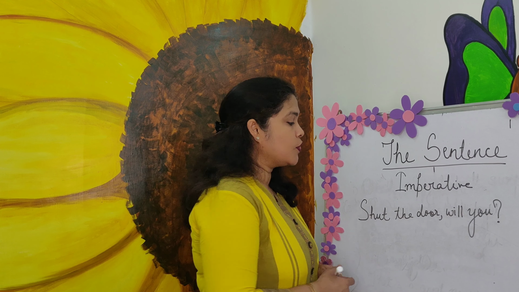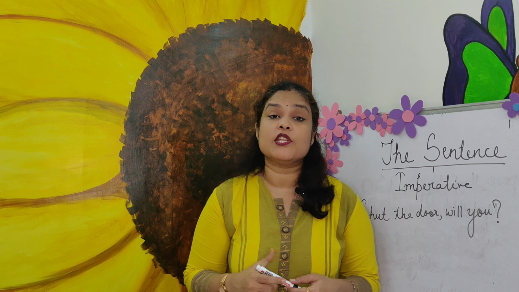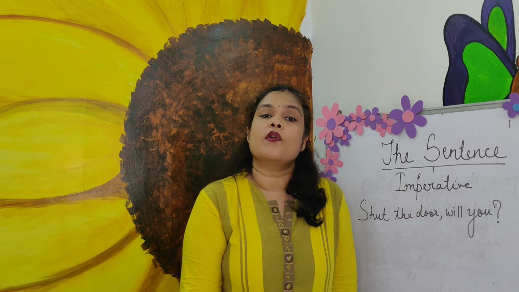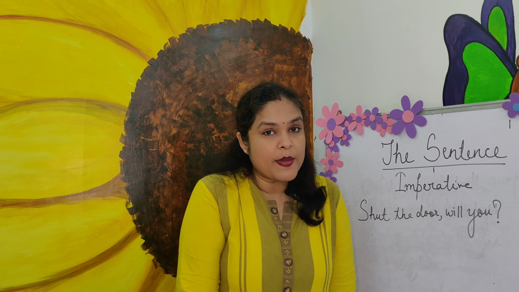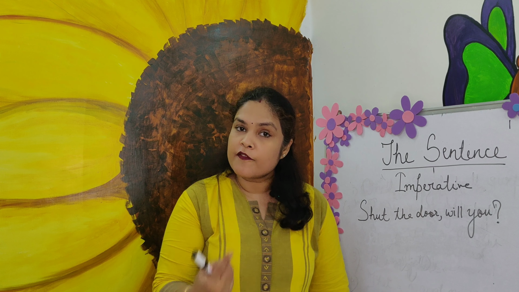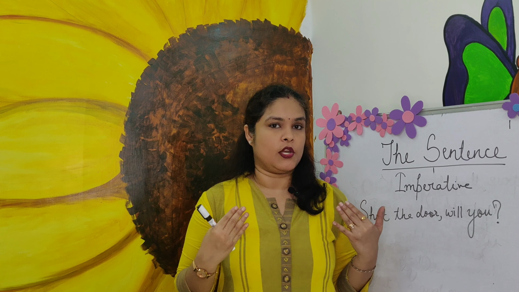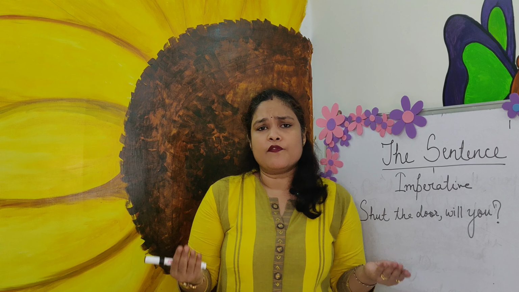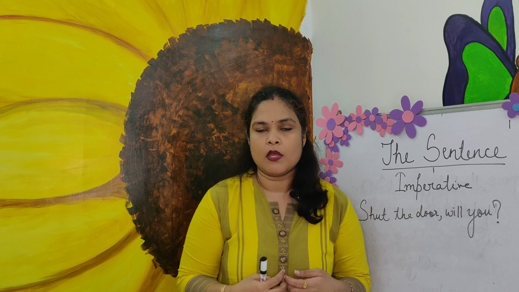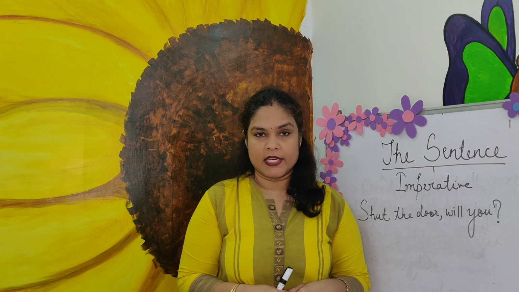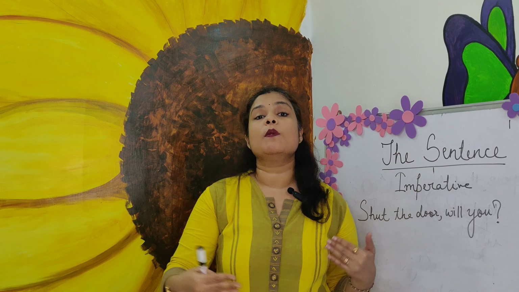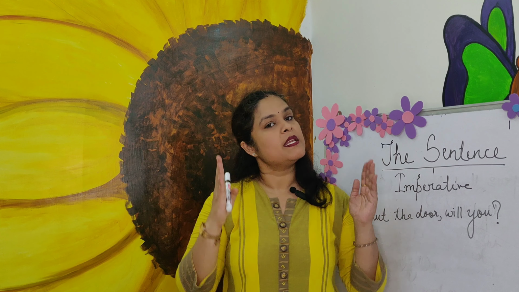Whenever you get a sentence and you need to identify whether it is a declarative sentence, an interrogative sentence, an exclamatory sentence or an imperative sentence, please read the sentence not once but twice. After reading it, you need to think in your brain whether it is trying to tell me something. If it is simply giving me information, something is being told to me, this can be a declarative sentence. Then one sentence where there is a question mark, and of course that will be followed by an answer, that will be an interrogative sentence.